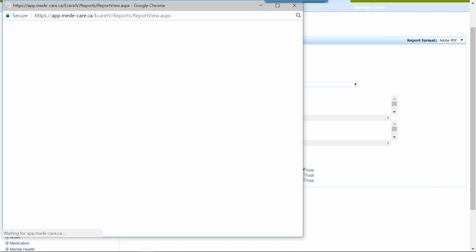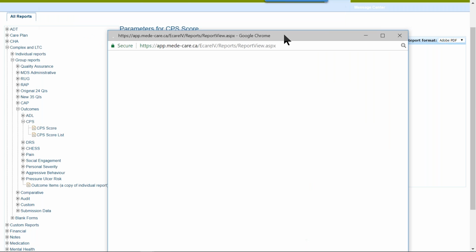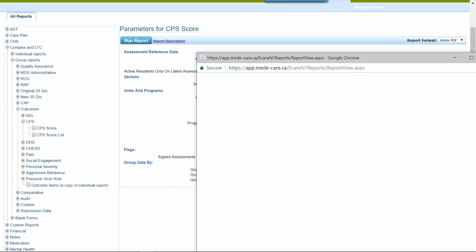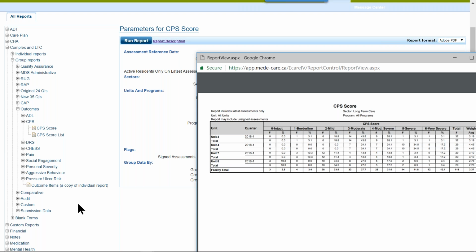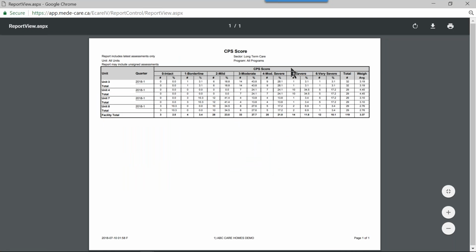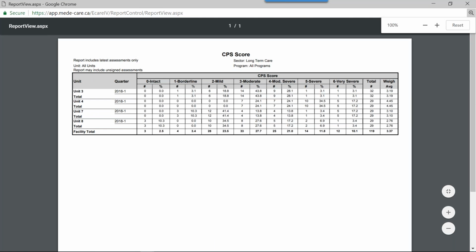And all of the outcome reports that you saw there, whether it's ADLs, the depression scale, the CHESS scale, all of these, the reporting is identical, okay? So we don't need to run each and every one of those. You'll get the idea when we look at this.